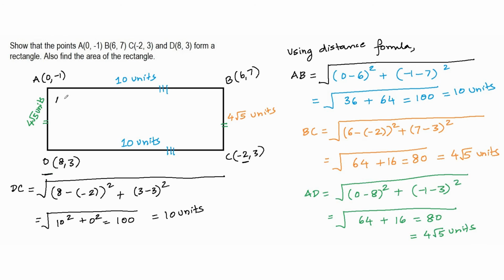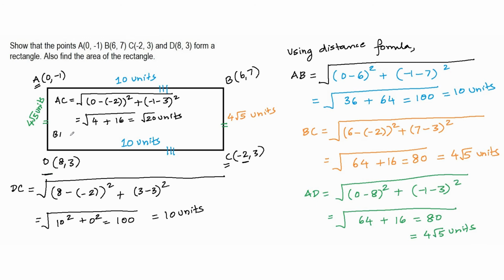So to find the length of AC, I would take the coordinates of A and C. So AC would be under root of 0 minus of minus 2, 0 minus of minus 2 the whole square, plus negative 1 negative 3 the whole square, and that is going to be under root of 2 square is 4 plus negative 4 square is 16, and that is going to be root 20 units.